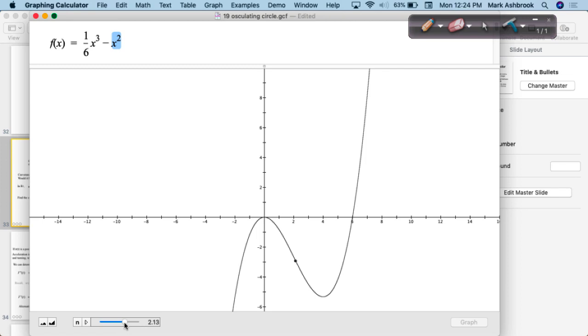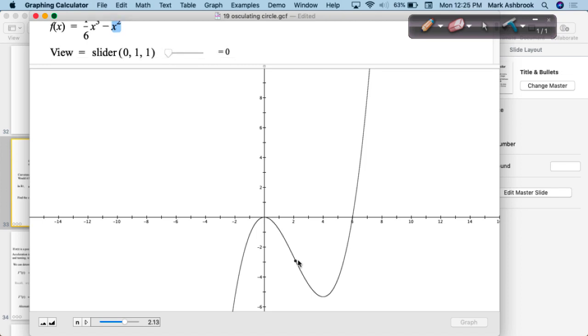So where do we expect to see the smallest osculating circles? Where the curvature is the highest, right? And we said that was at the local max and local min. And then away from there, where it straightens out, what's the osculating circle going to be like? Bigger, right?